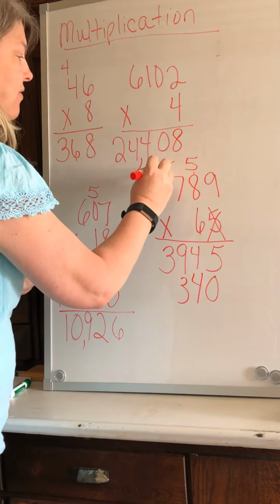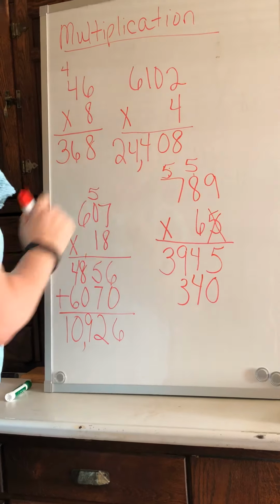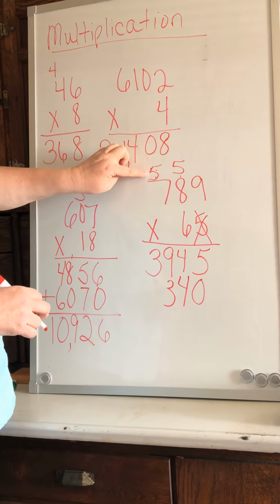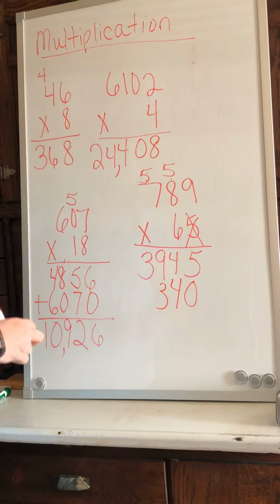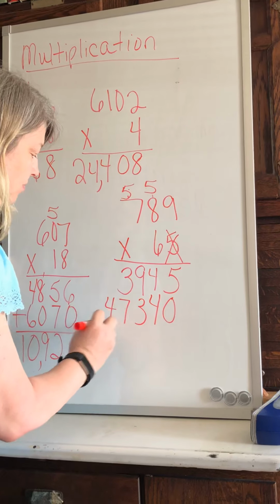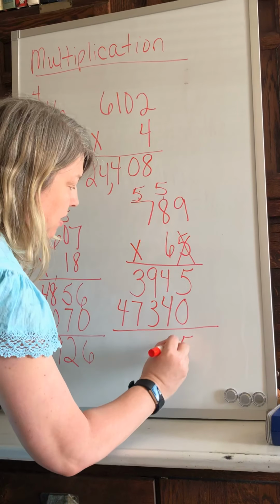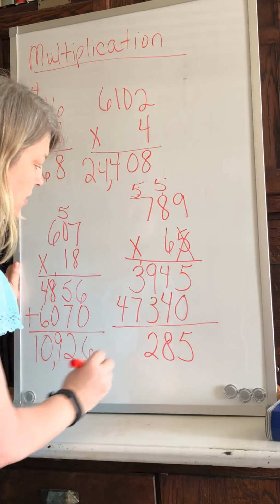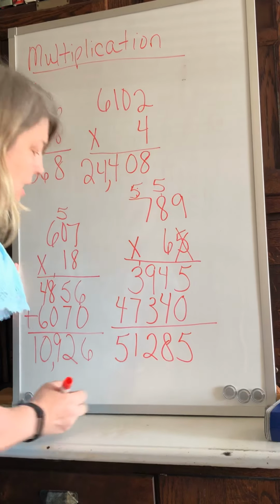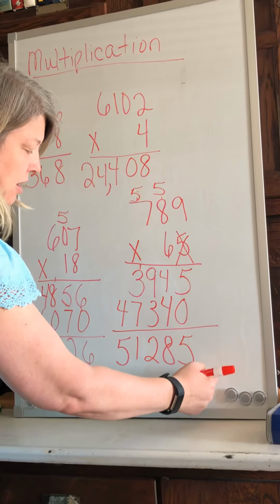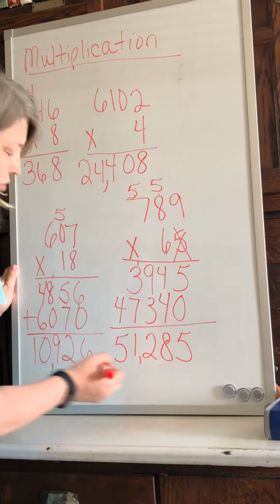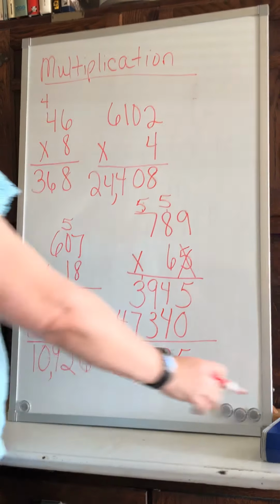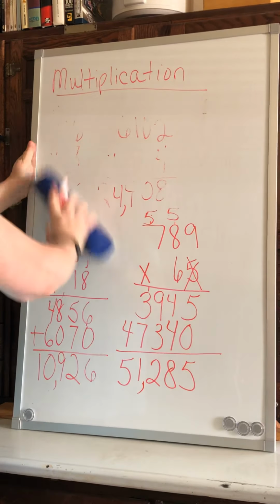So carry your 5. 6 times 7 is 42. 42 plus 5 is 47. Add it all together. And remember, start from the back for the comma, every 3 numbers, so your answer is 51,285.